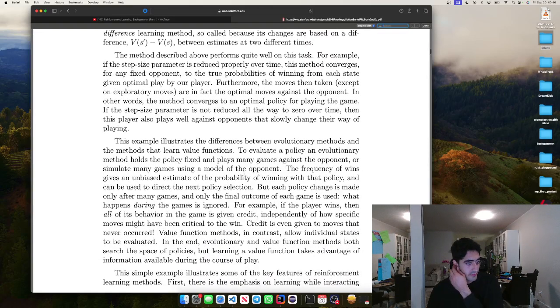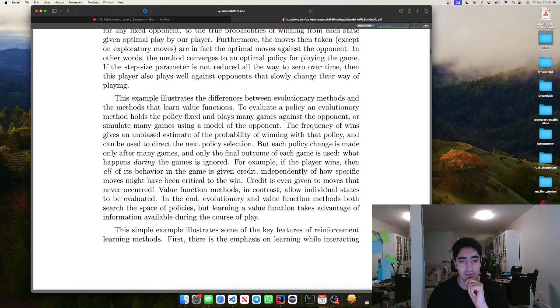Also, the frequency of wins gives an unbiased estimate of the probability of winning with that policy and can be used to direct the next policy selection. But each policy change is made only after many games, and only the final outcome of each game is used. What happens during the games is ignored. For example, if the player wins, then all of its behavior in the game is given credit, independently of how specific moves might have been critical to the win.